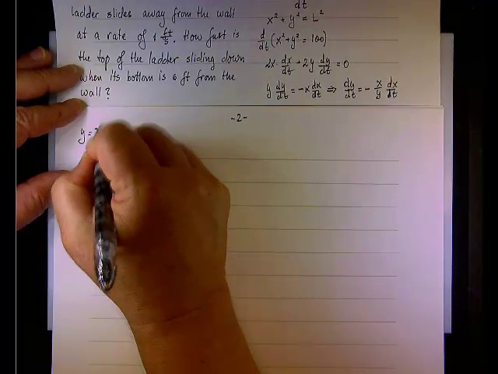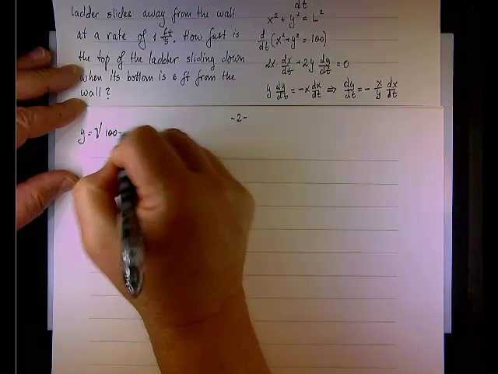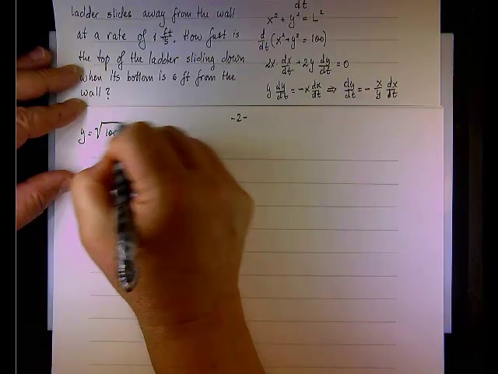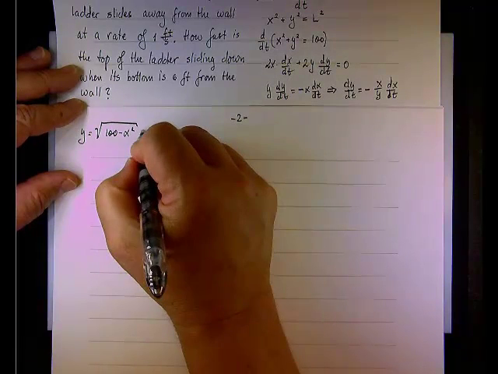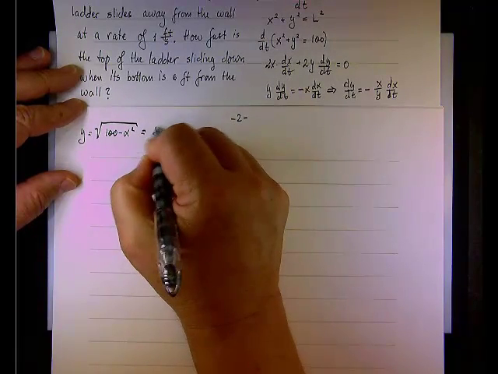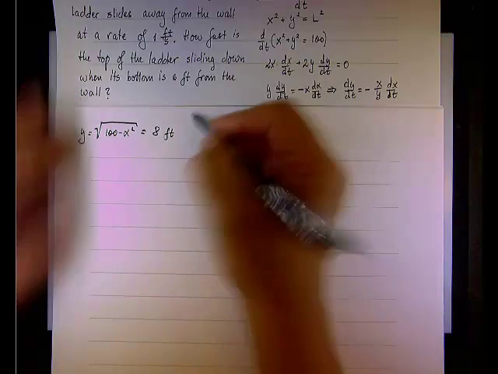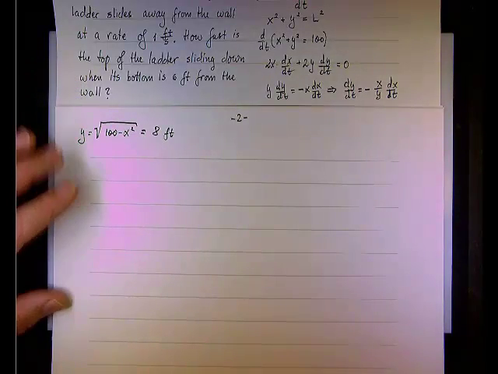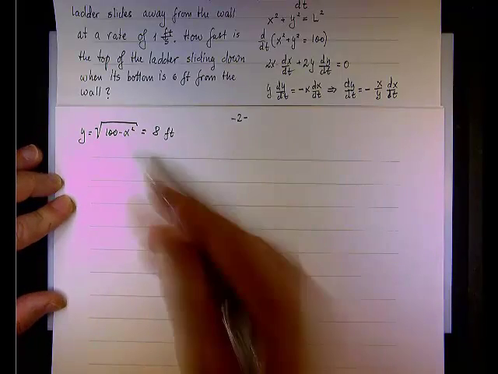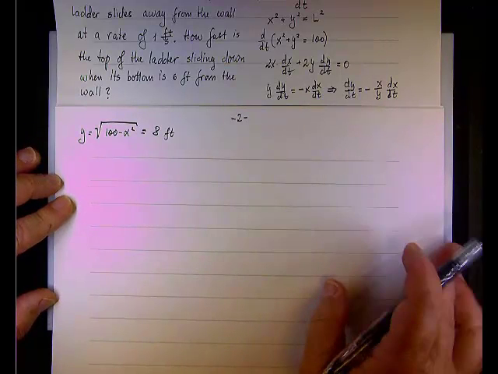So y is the square root of 100 minus x squared, and since x squared is 36, we end up having 8 feet. Notice that we take only the positive root, as y equals negative 8 has no physical meaning.